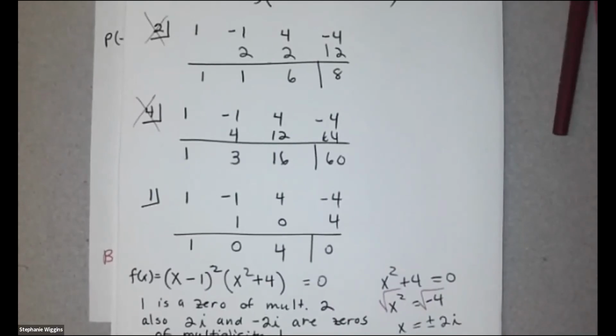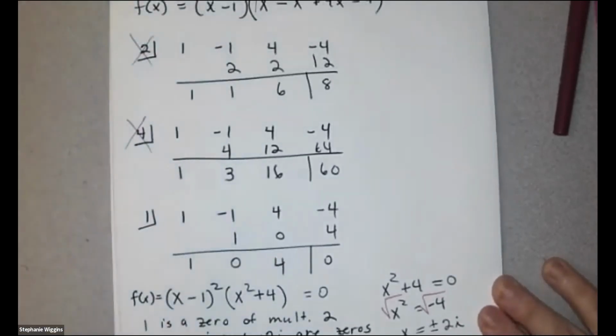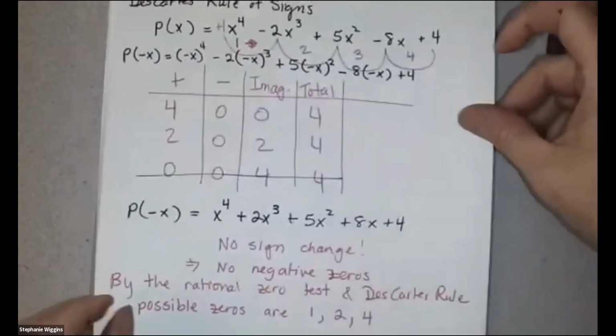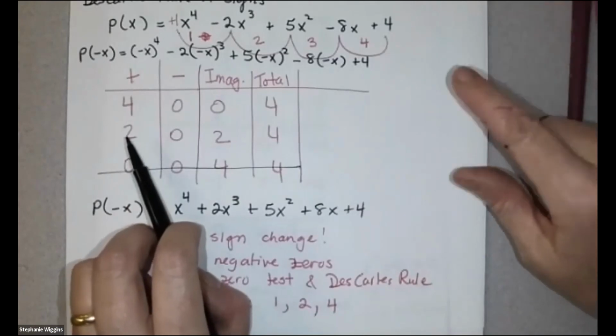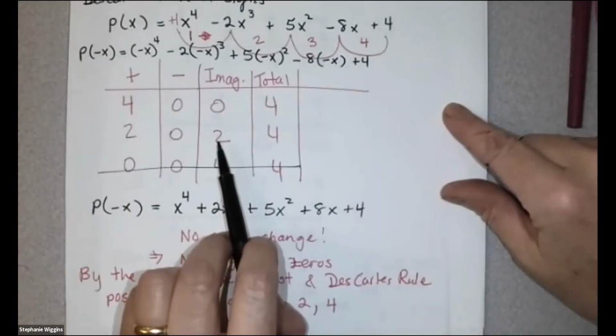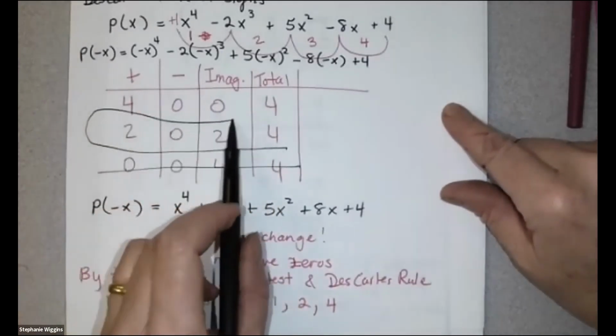So we found the 4, and if you go back to the Descartes rule of signs that we were working on for this problem, I'll let you finish writing, and then I'll show you. You can see that we have 2 positive, that's the 1 with multiplicity 2, and then we have the 2i and the negative 2i, so we have 2 imaginary. So this is the correct situation right here.